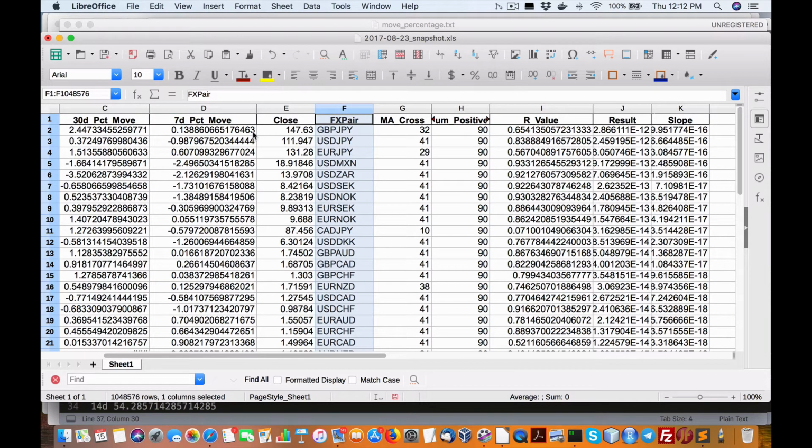So yeah, these moves are very small, even over 7 days to 30 days. So that's one thing. But one lesson to be learned from this is this: I wouldn't use this exclusively, but combined with daily charts as well as probably 4-hour charts, you can get a lot more information, a lot more confirmation.